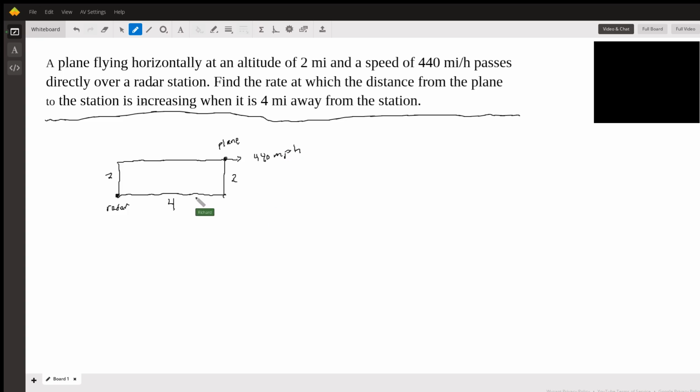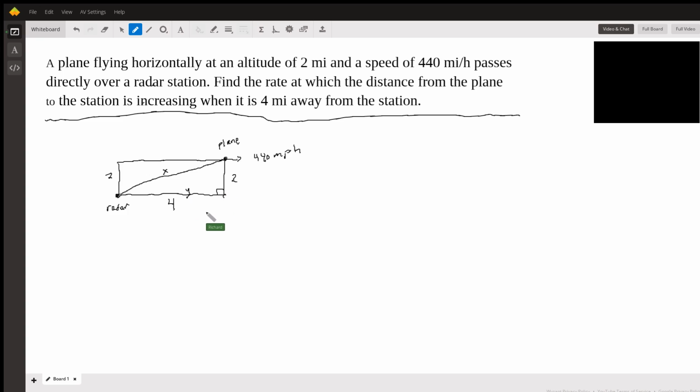And they want the rate at which this distance is changing, this distance from the radar to the plane. So we're going to call that x, and we'll call this y here.